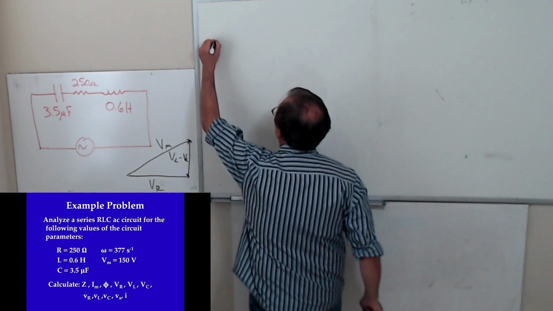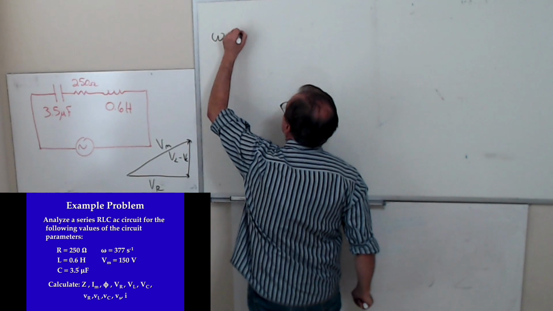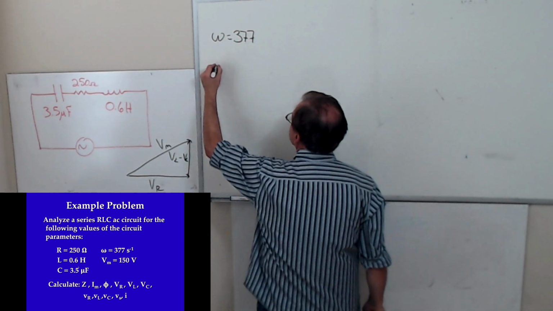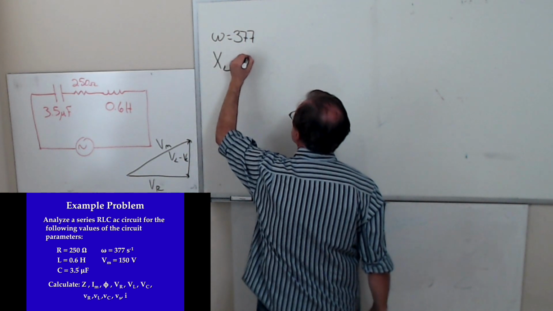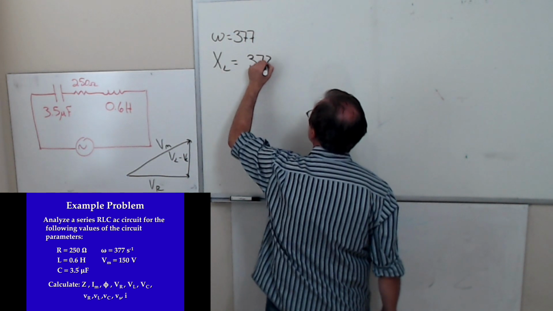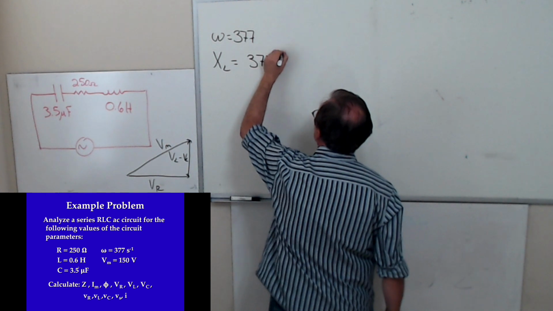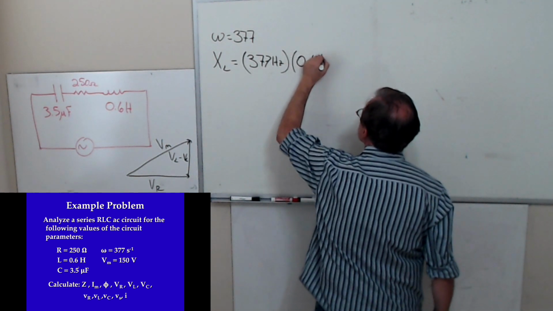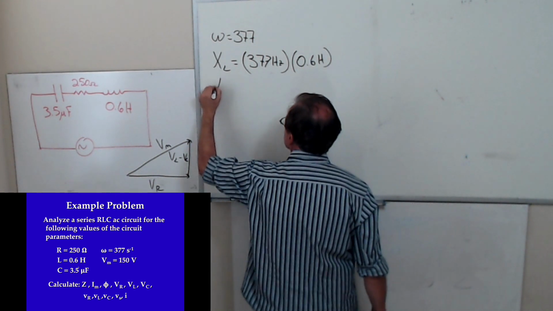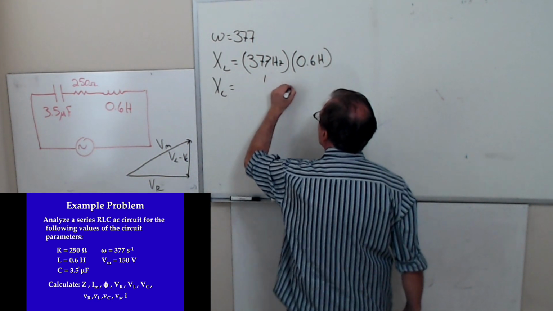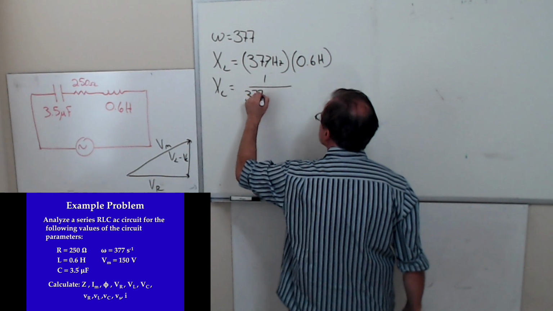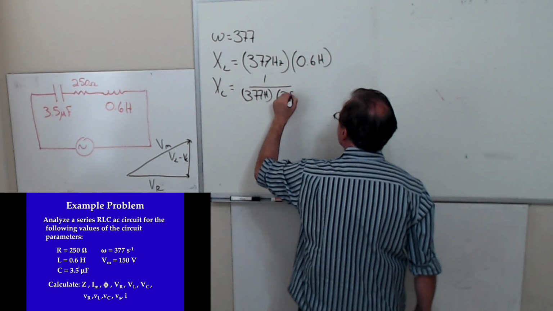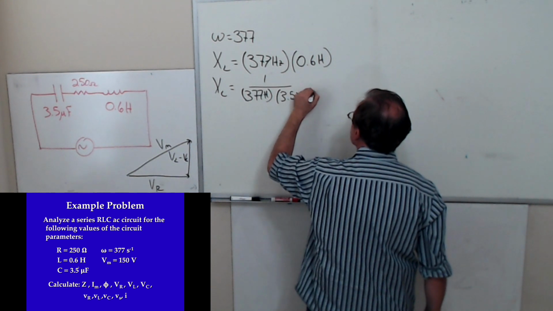We're given omega is 377. So X sub L is going to be 377 times 0.6 henries. X sub C is going to be 1 over 377 times 3.5 times 10 to the minus 6.